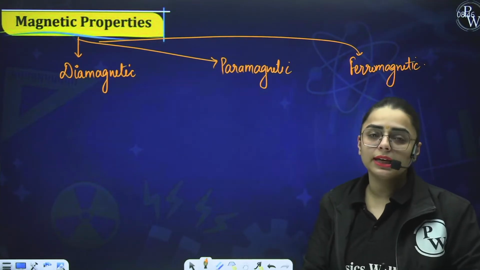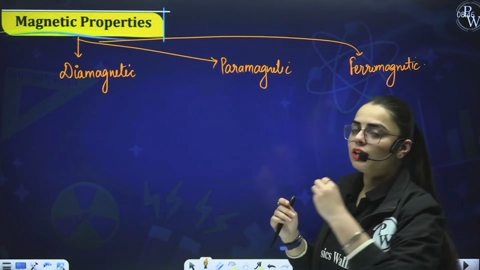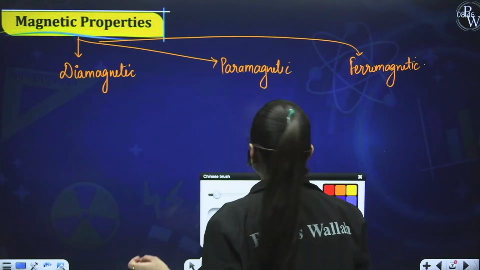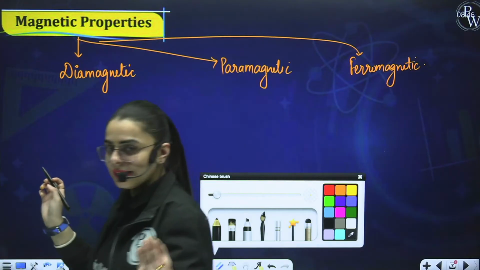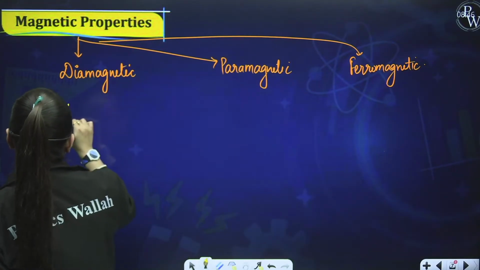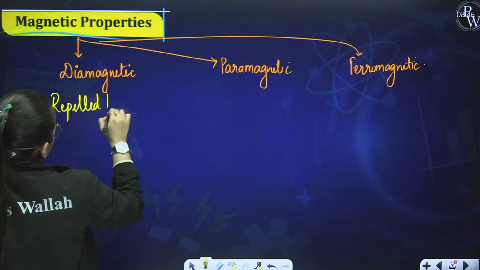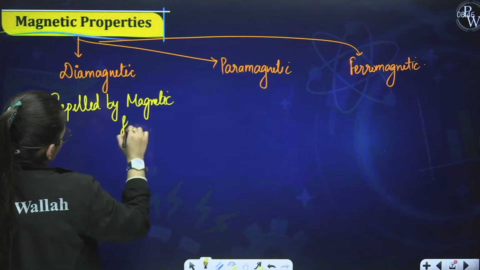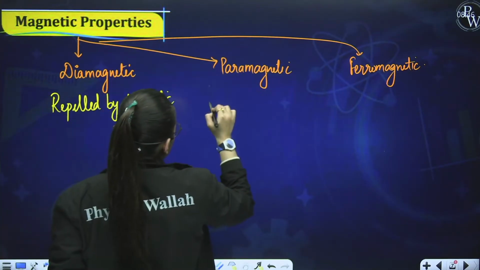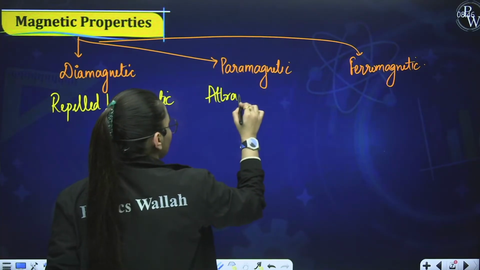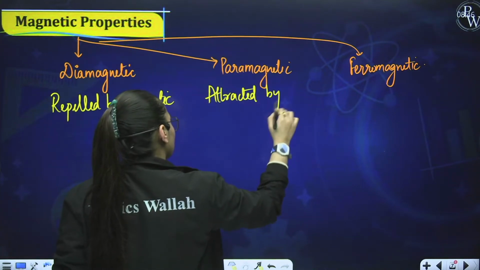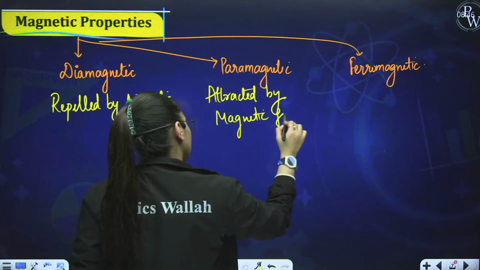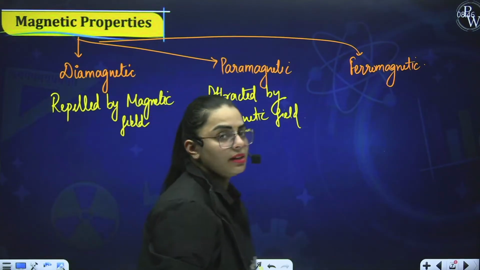If I talk about diamagnetic, it is repelled by the magnetic field. If I talk about paramagnetic, it is attracted by the magnetic field. So we shall write the definition first. Dia is repelled by magnetic field. Para is attracted by magnetic field.